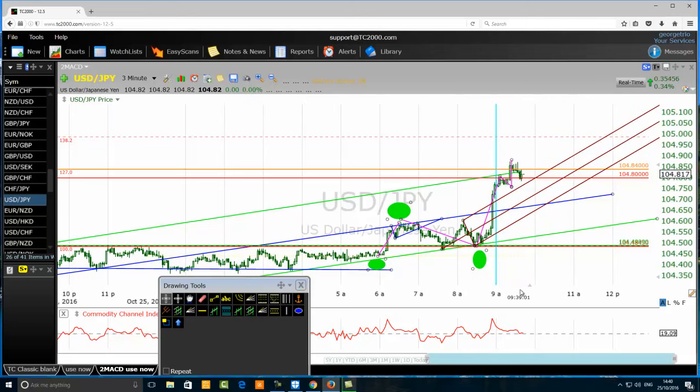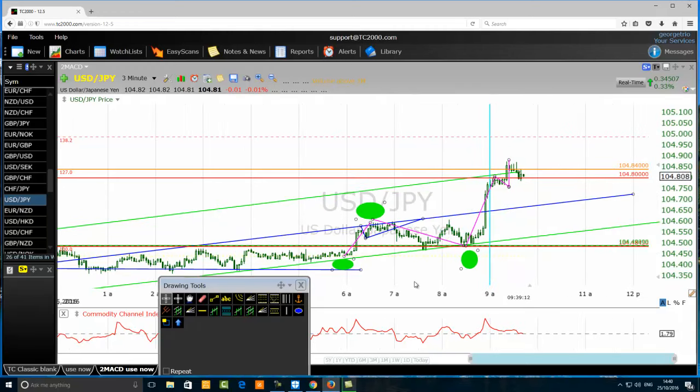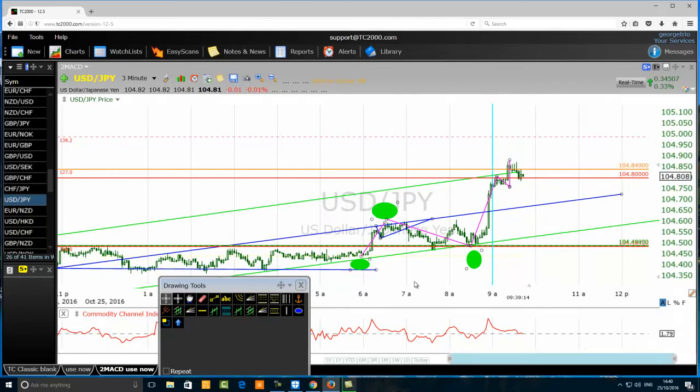Let's remove the pitchfork tool. Let's connect the low of the second wave and the low of the fourth wave.